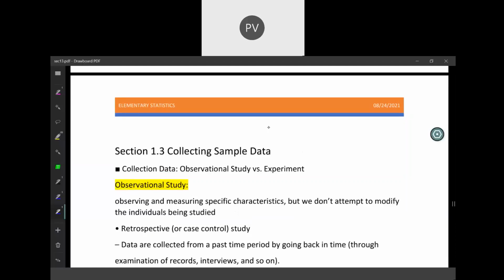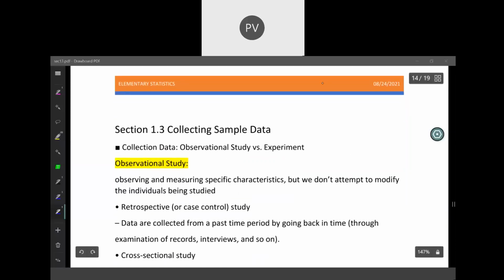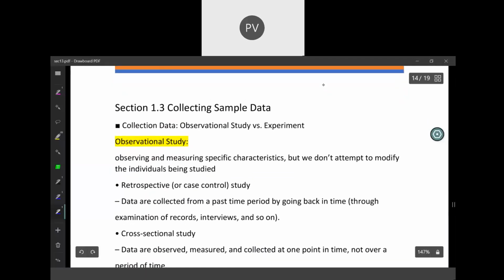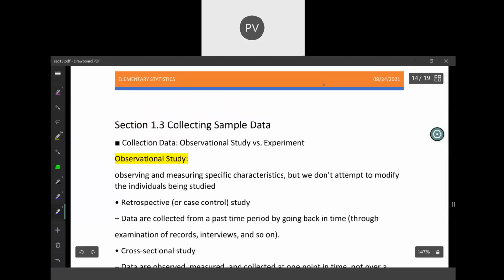Sample data. Now, as I said to you, there are two methods of data collection.